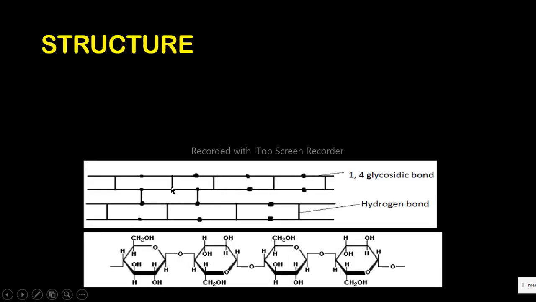You can have a look at this. This is one chain. This is another chain. Another one. And you are forming cross linkages between the chains, and so you maintain this parallel arrangement of cellulose. And so when you are forming the cell walls, you easily form cell walls, as we are going to see.